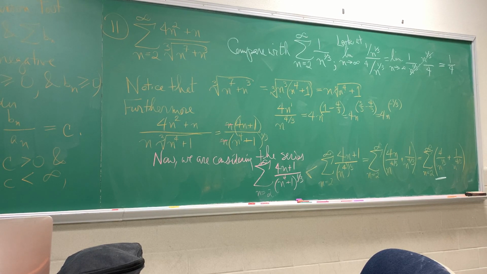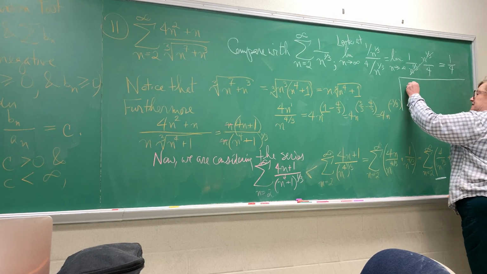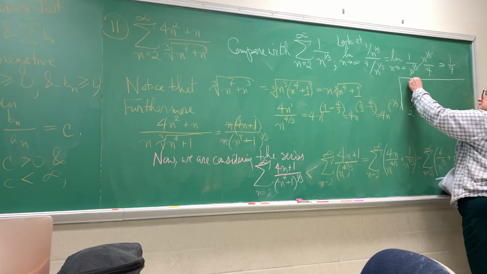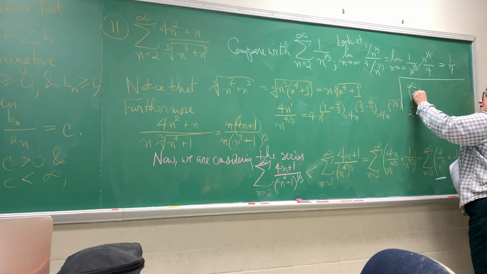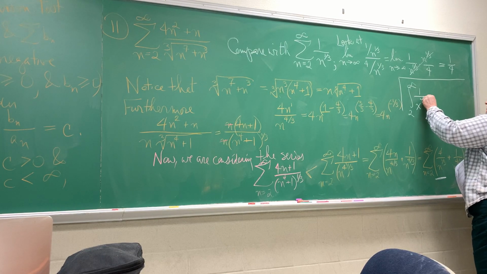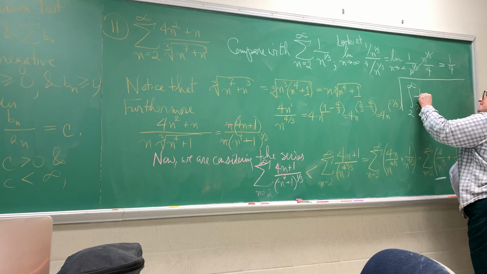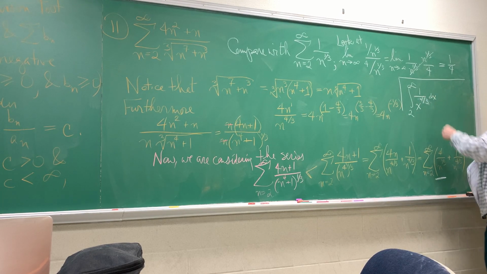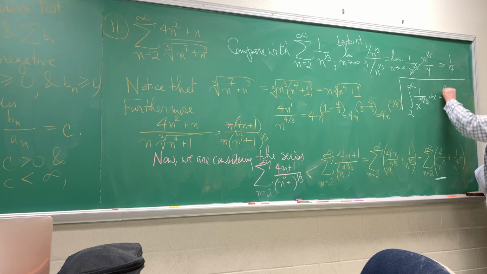So now let's look at this second bit. What do you want to compare 1 over n to the 4/3 with? Well, we don't even need to do that, but let's look at the integral test for this one. So if we have the integral from 2 to infinity of 1 over x to the 4/3, we could rewrite that as the limit as t goes to infinity, from 2 to t.